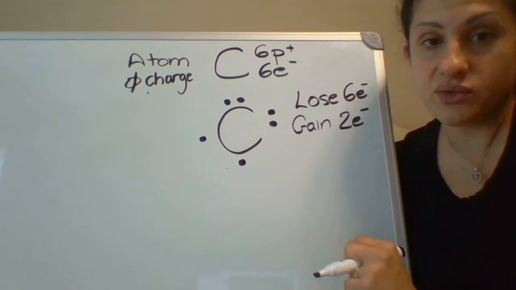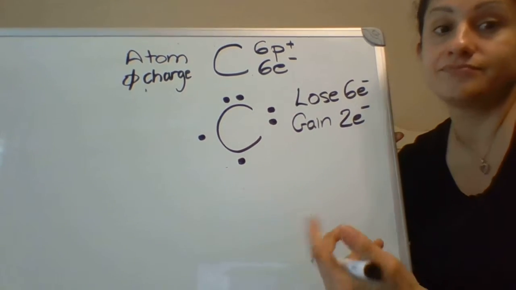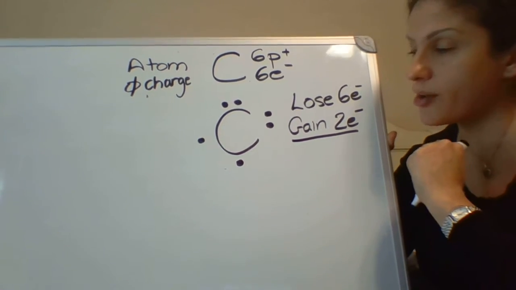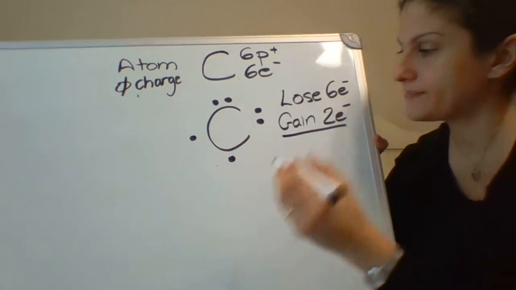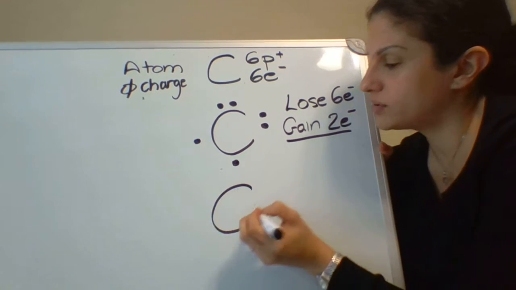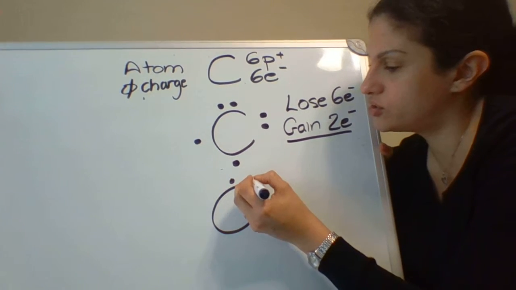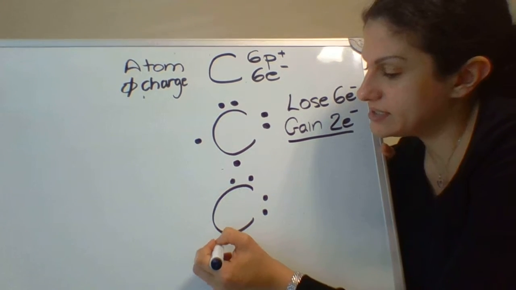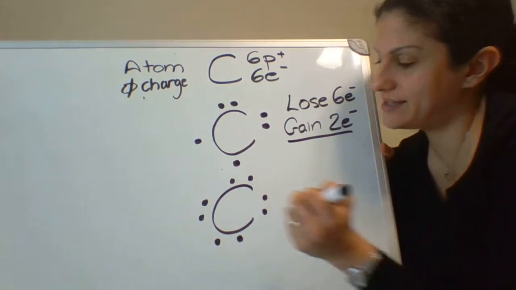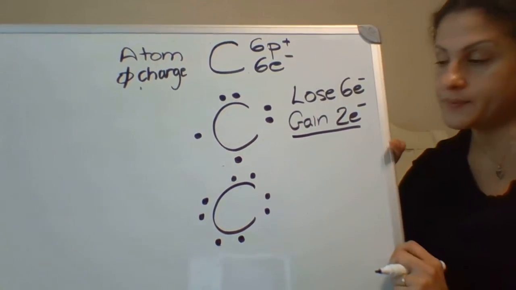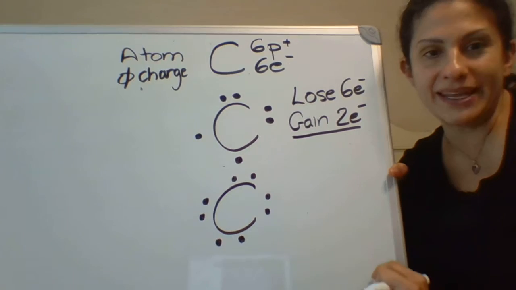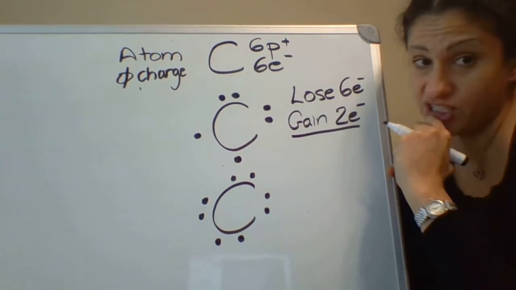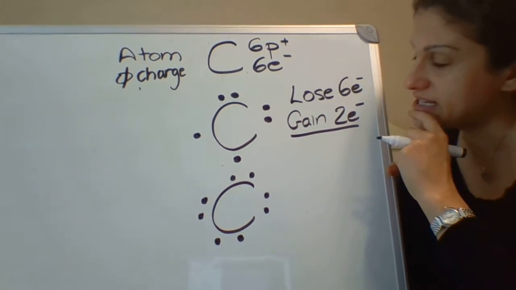If you had a choice, would you lose 6 or gain 2? Most of the time, you're going to gain 2 electrons. So carbon, to achieve its happy state of full valence shell, will now have 1, 2, 3, 4, 5, 6, 7, 8, because it's gaining 2. Now carbon's all happy. It has its full shell. But 0 charge? I don't think so.